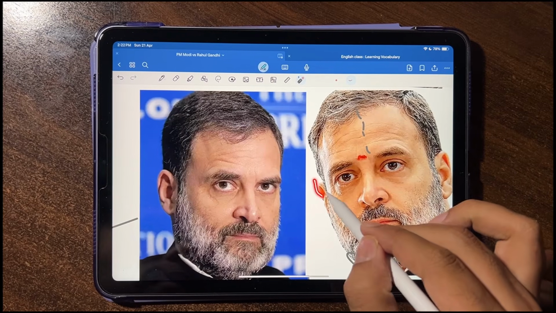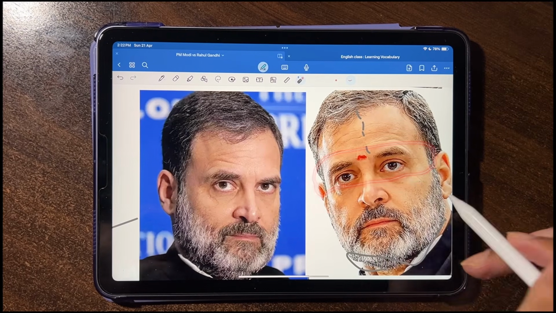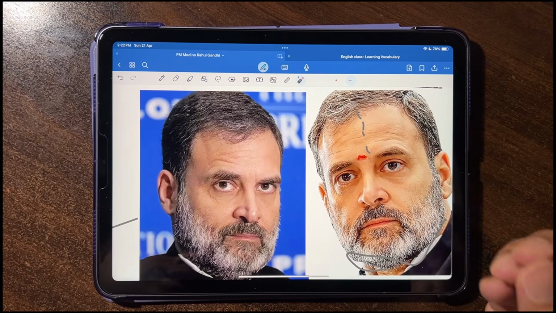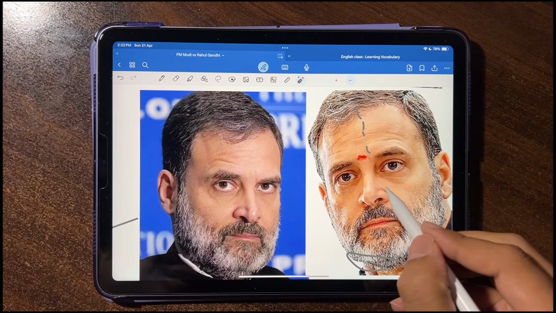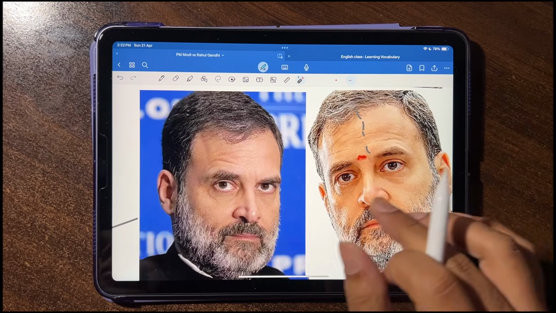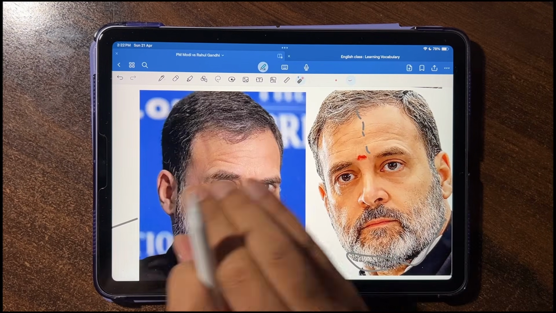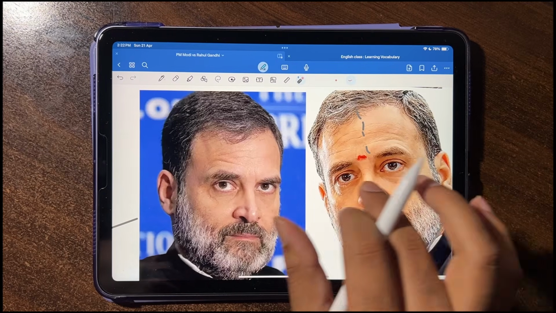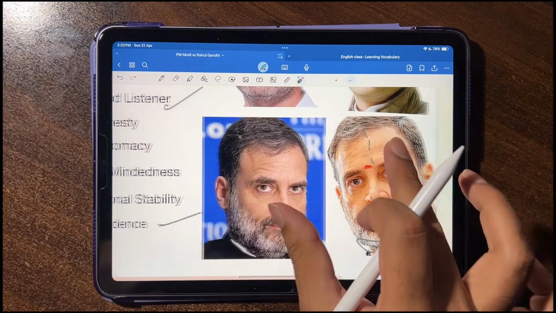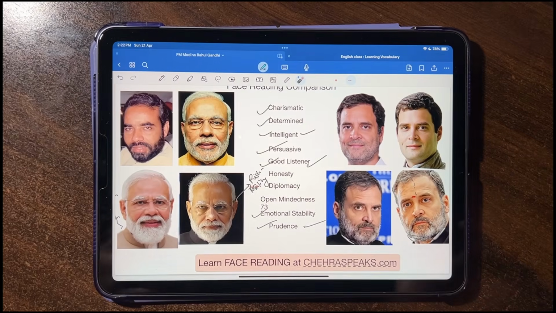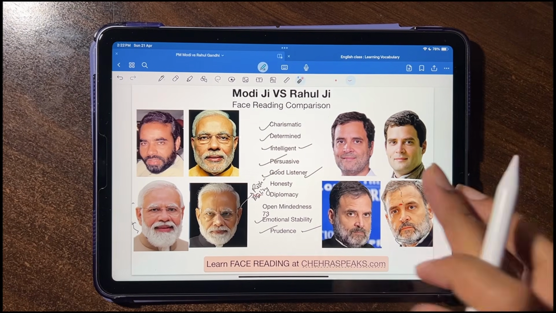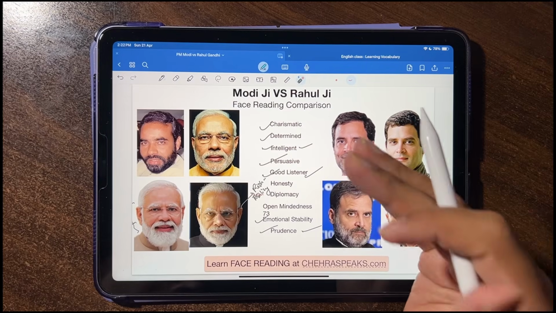But when I see this picture, what I sense is that there is a need of guidance, a need of clarity, and a sense of confusion that may be happening with respect to how his policies are or how his goals are. But with respect to the honesty levels, I do feel that this guy is much better than this guy, right? So those are the things on which I have compared these two political leaders.